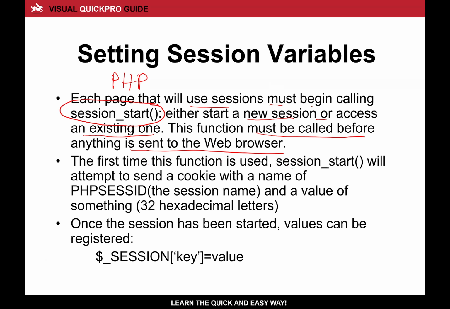So when this session_start gets executed, it will attempt to send a cookie with the name PHPSESSID, which is the session name, and a value of something which is 32 hexadecimal characters. And once the session has started, values can be registered. The values can be registered with the global variable $_SESSION, and then you have the name. Okay, and you can set those variables.